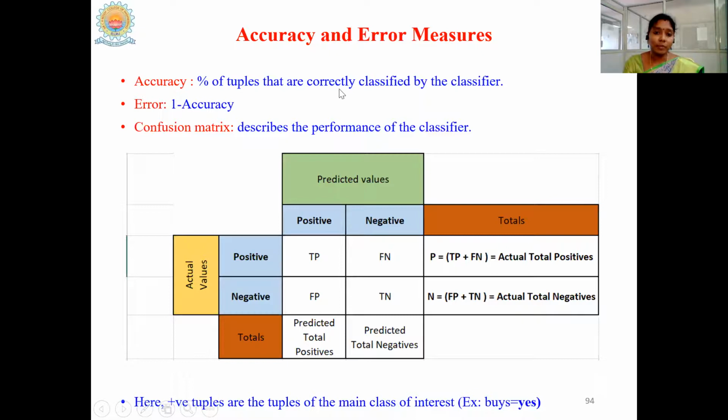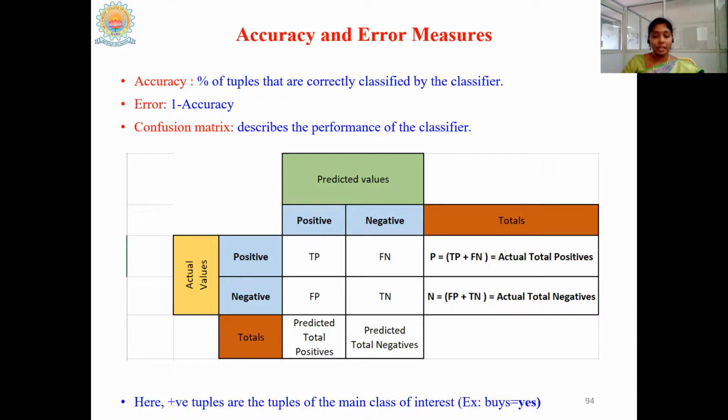So here, we have basically two methods for assessing, the basic methods. We have a few others also. To assess the quality of the classifier, we have accuracy and error measures. Accuracy is the percentage of tuples that are correctly classified by the classifier, whereas error is the opposite, which can be obtained as 1 minus accuracy.